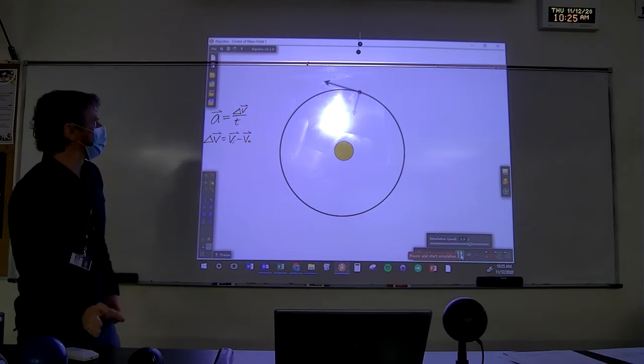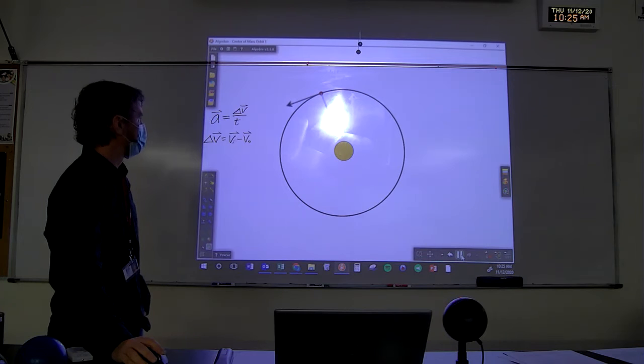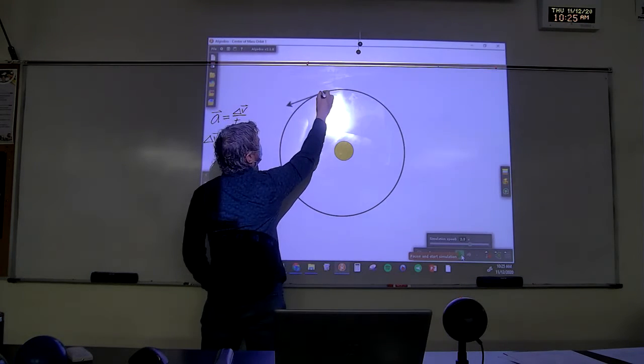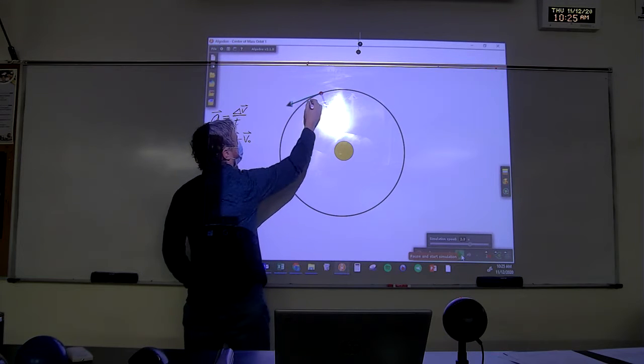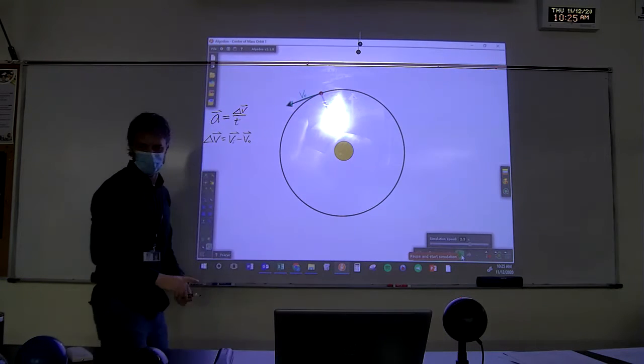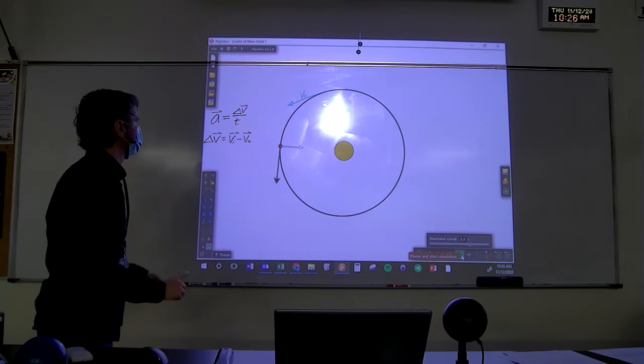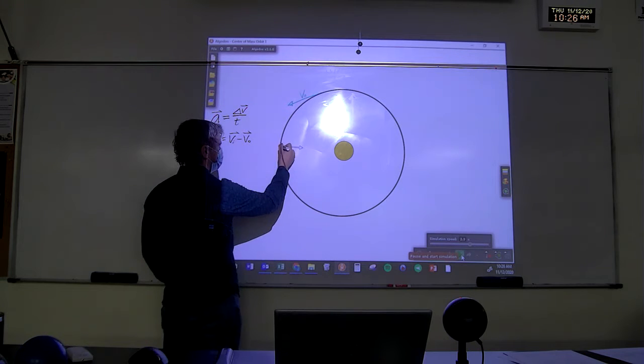Well, let's just pick two random velocities here. Let's call this our initial velocity vector, v naught. And let it go. So right there, call this our final velocity vector.